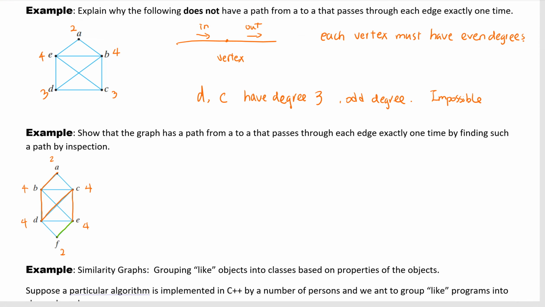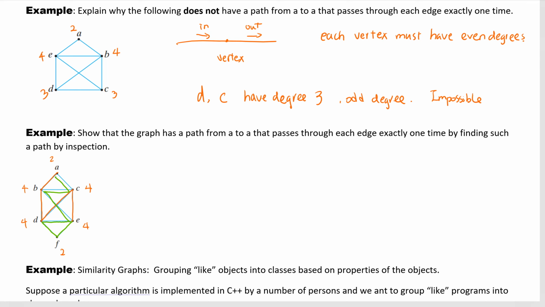Then we can do F, D, E, B, C, A. Can you see it? In this way, we can pass through all the edges exactly once.